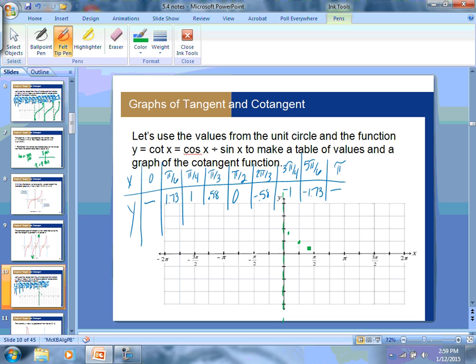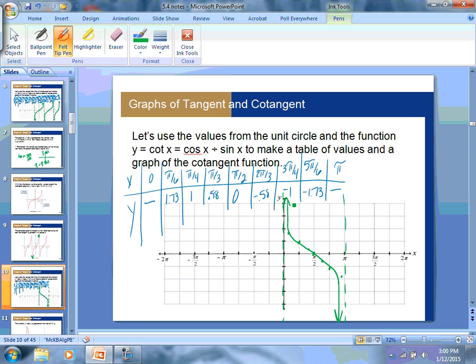Pi over 3 is going to be 0.58, so maybe right about there. Pi over 2 is going to be 0. And then I have my negatives, -1, -1.73. Then it's undefined again.